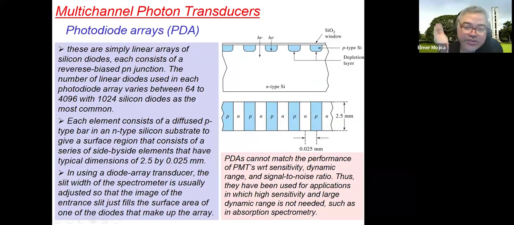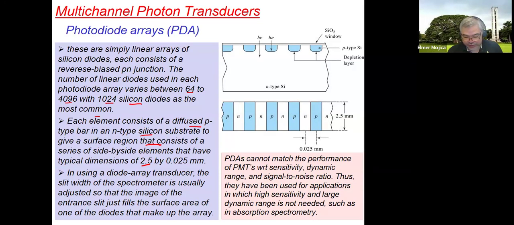So they have a series of that. The number of these linear diodes used in photodiode arrays varies between 64 to 4096, with 1024 silicon diodes the most common. Each element consists of a diffuse p-type bar in an n-type silicon substrate to give a surface region that consists of a series of side-by-side elements that have a typical dimension of 2.5 by 0.025 millimeter.